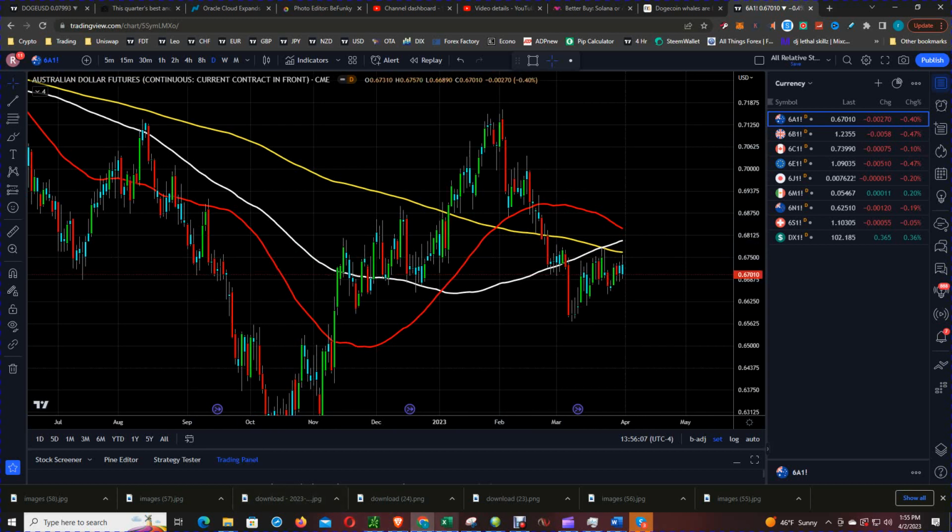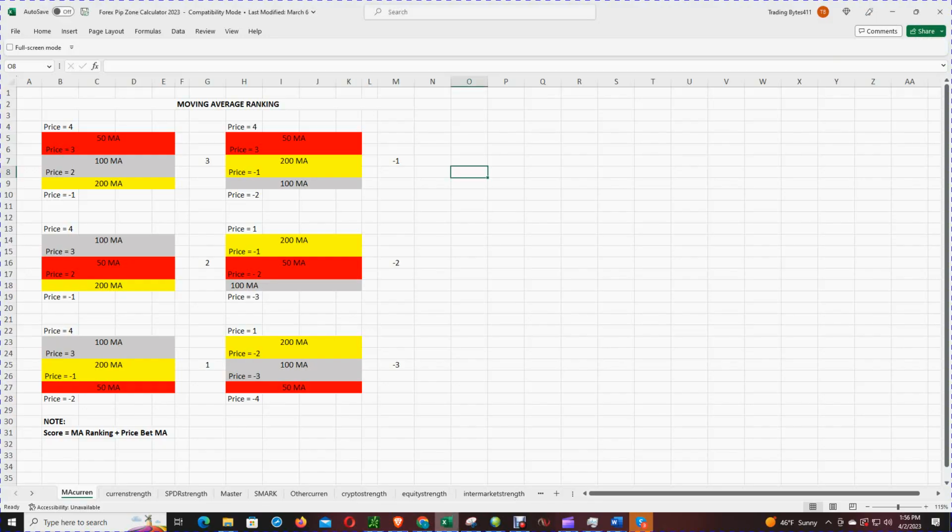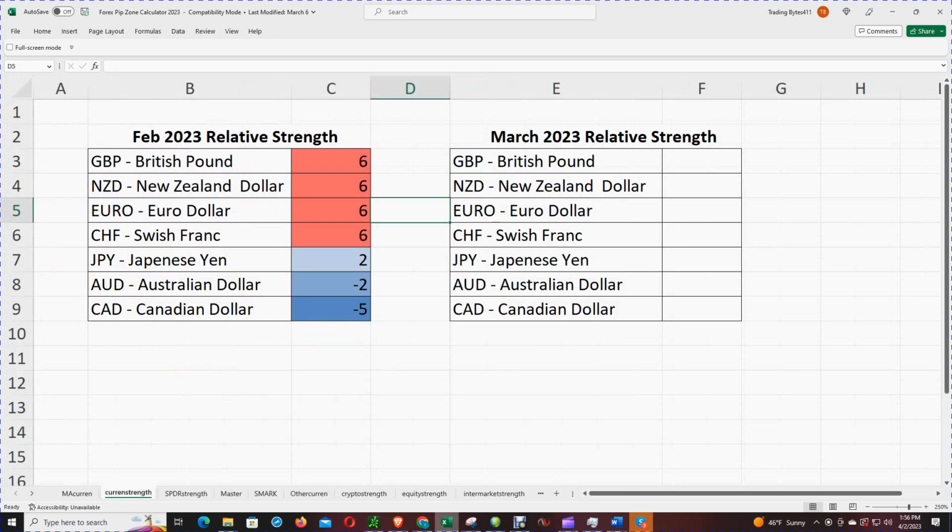So if we go to the metric, price is below the 50, the 100, and 200. So we assign that a -1. And then the orientation of the moving averages, in this case, we assign it a 3. So in this case, it is a 2 for the Aussie.